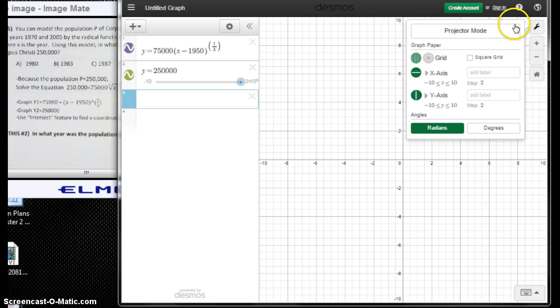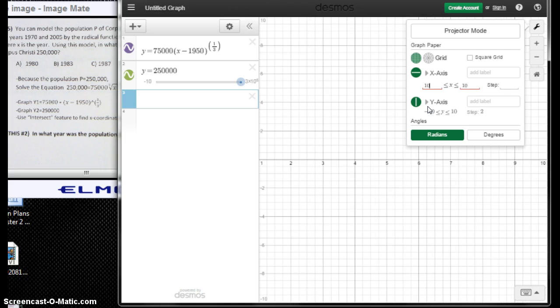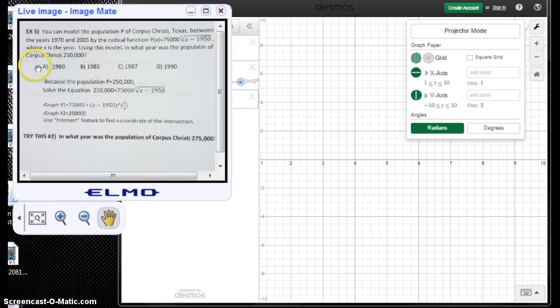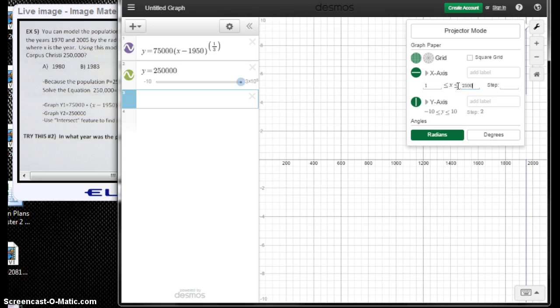So we're going to click the graph settings and change our minimum value for x. Well, we are talking about recent years, so I'm just gonna set that as maybe 1000, and the maximum would be, if you look at our answer choices, these are all less than 2000, so I'm just gonna type maybe 2100 to be safe.